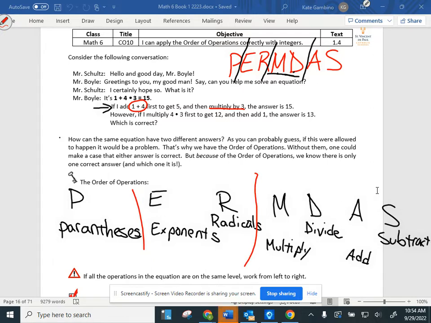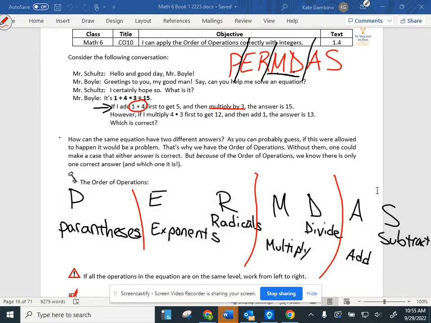What is our next level? Multiply and divide. What is our last level? And add and subtract is on the same level. It's at the end. That's the last thing we look for, those adding and subtracting.